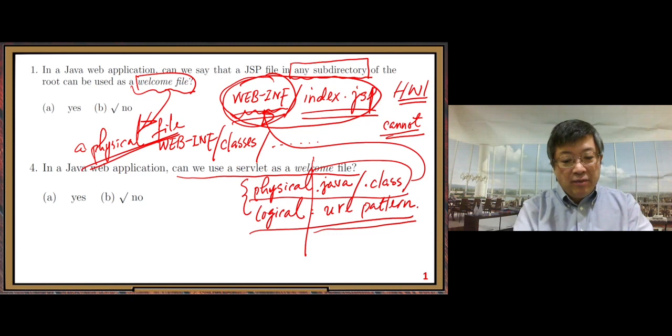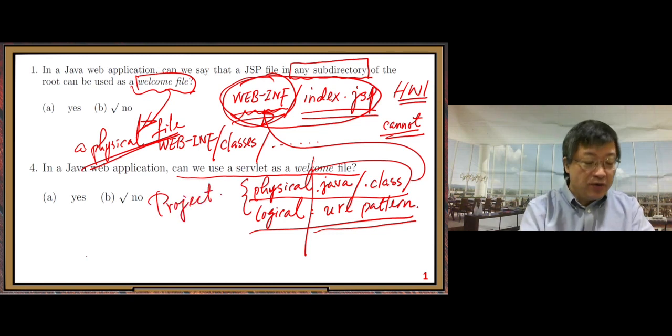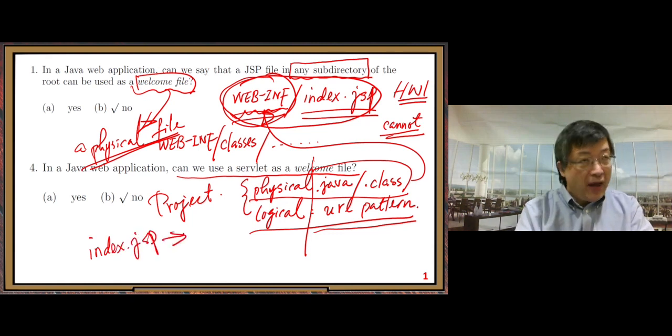But remember our project 1. The first thing you need to do is create an index.jsp. In that file, we can redirect to the servlet URL.